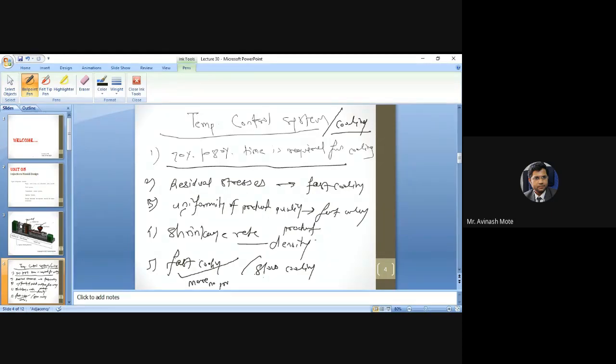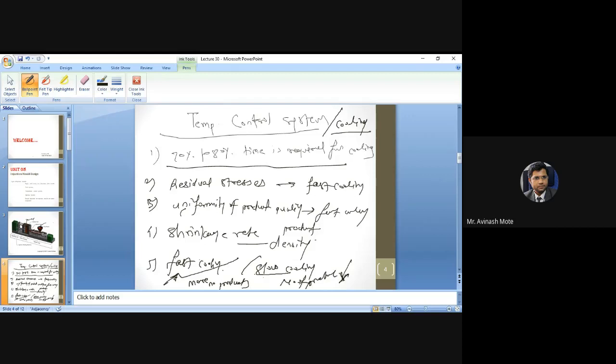Simple thing. So if cooling is fast, the production rate is going to be more, so more number of products. But if cooling is slow, it will take too much time, cycle time will increase, and the number of products will decrease. In case of fast cooling, the number of products will increase.